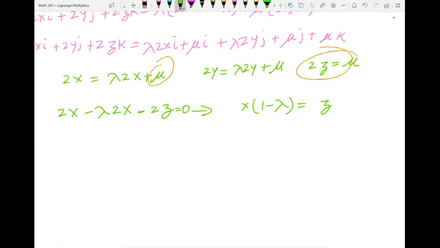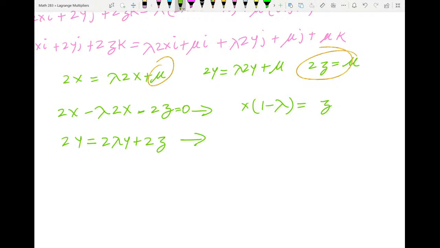And the other one, 2y equals 2 lambda y plus 2z.